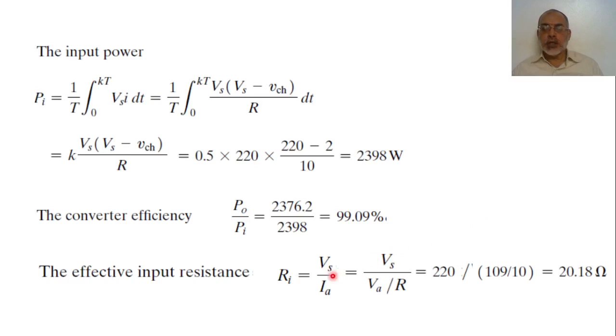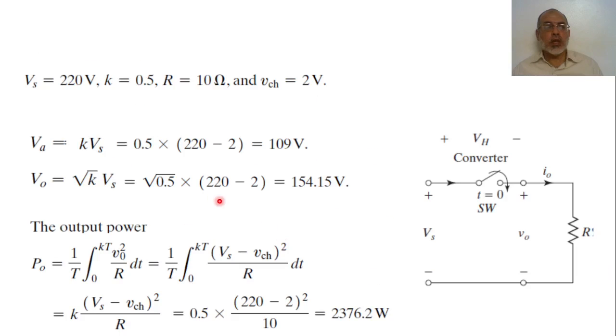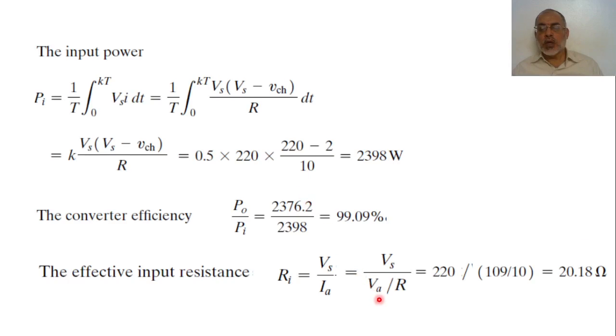So in this case, we are talking about the input source voltage over the DC output current in the resistance. So V source over the average DC current, V average over R, and we already calculated V average as 109 volts. So 109 over R over 10.